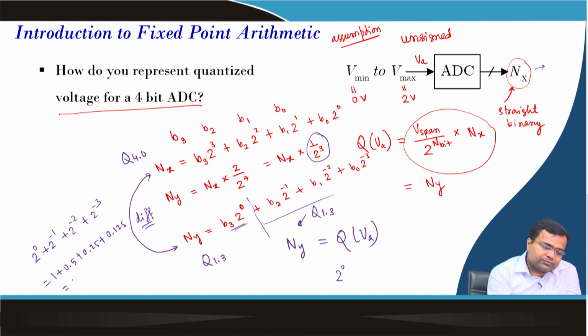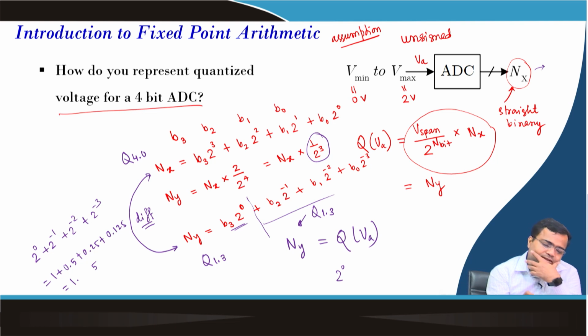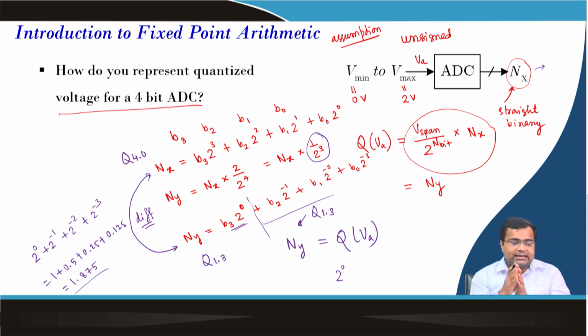So, that means if all bits are 1, then the quantized voltage is 1.875.